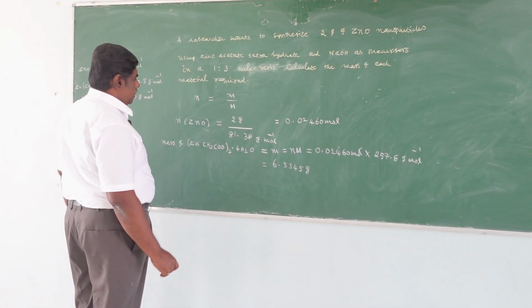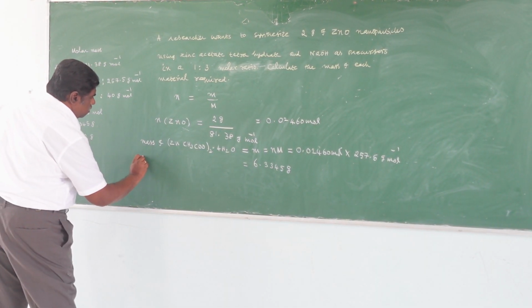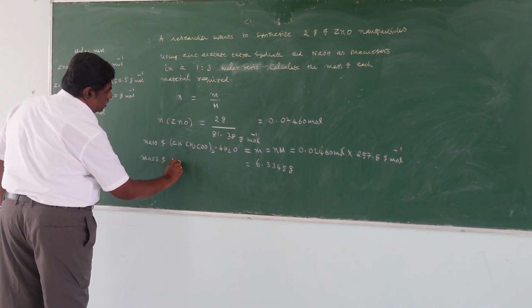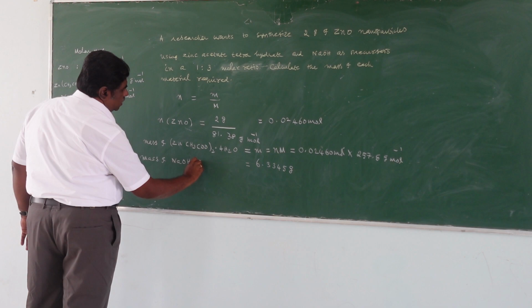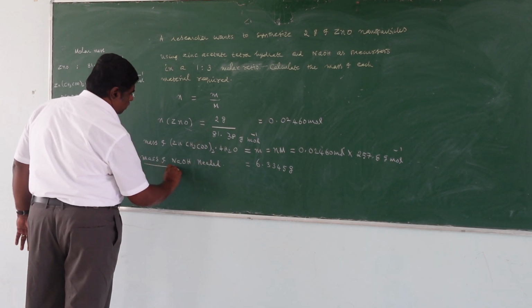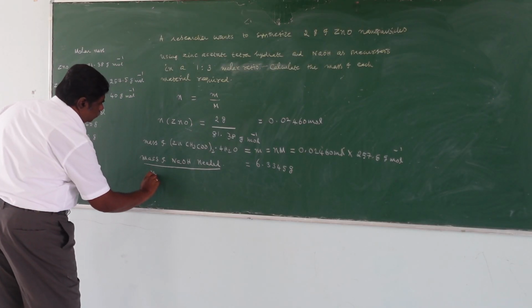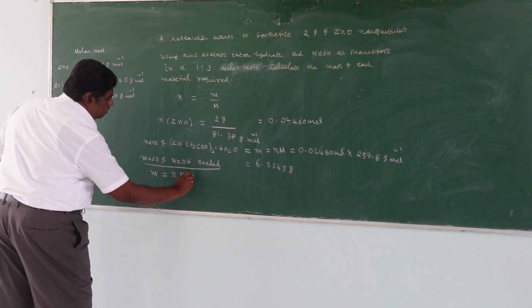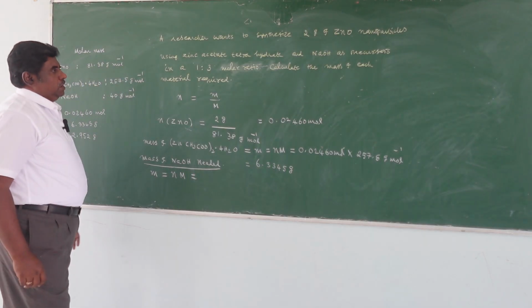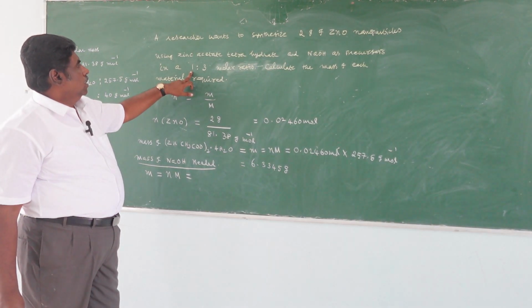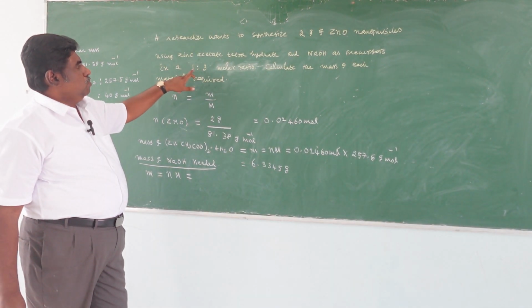Now we have to calculate the mass of NaOH needed. For that, we have to use the formula m equal to n into M. One thing should be clear: the researcher has to use a 1:3 molar ratio.